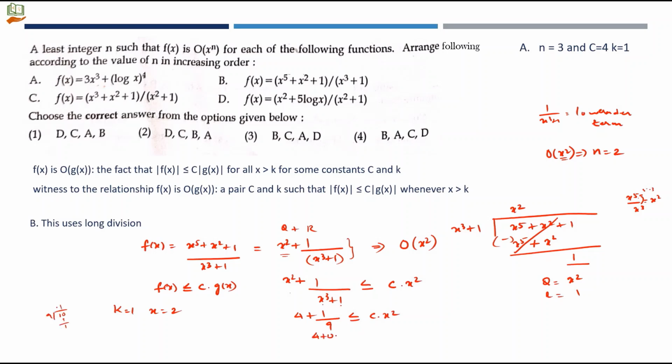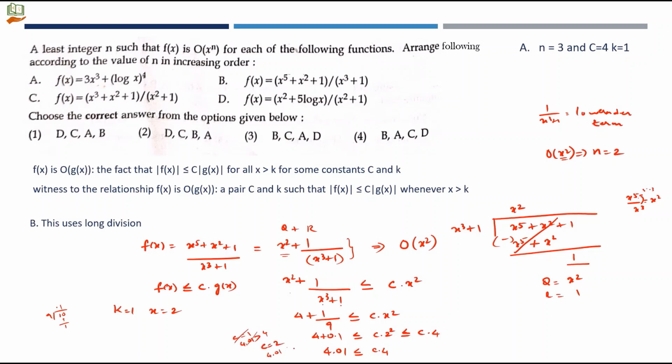Something like 0.1 we will get. This is actually less than c into, here we will substitute now 2 in place of x. This will be c into 4. So when I have 4 point something, that should be less than c into 4. So if c is equal to 1, 4.01 will become greater than 4. So I cannot take c is equal to 1. So let's take c is equal to 2.